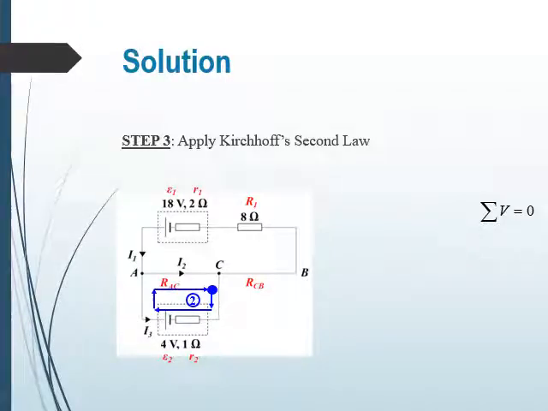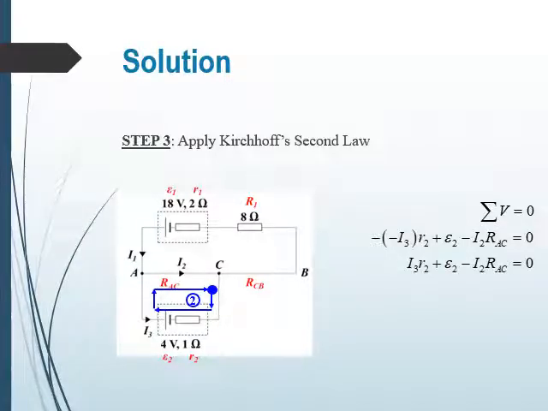And as it moves from point A to point C, remember, point A and point C is a wire with resistance. So you need to take into consideration the resistance inside the wire. And since I2 is moving in the same direction as the loop, you will have a negative I2 RAC. It's a potential drop.